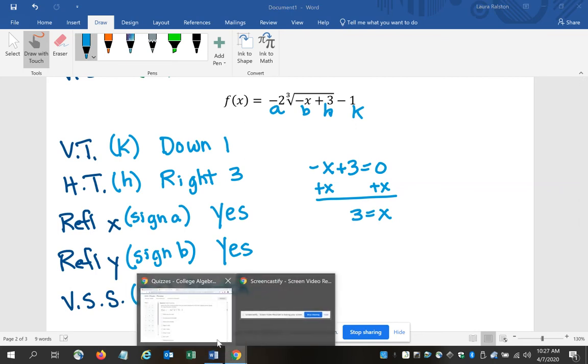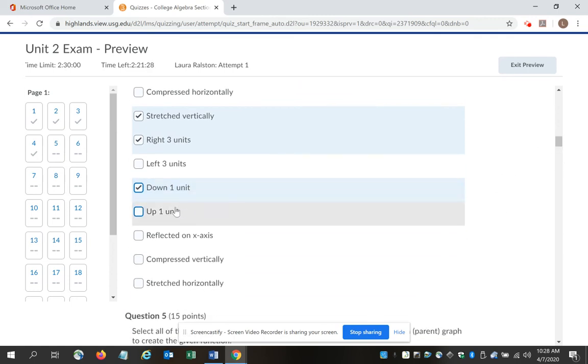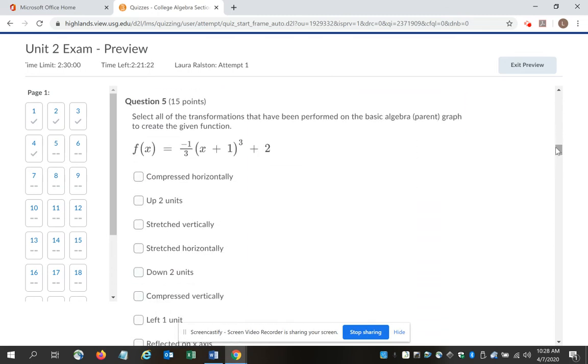Okay, so I'm going back to my quiz. We reflected on Y. We stretched it vertically. We went right 3 units, down 1 unit, and we also reflected on X. Okay, one more of those type problems.